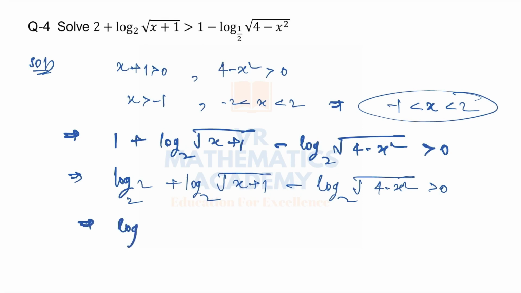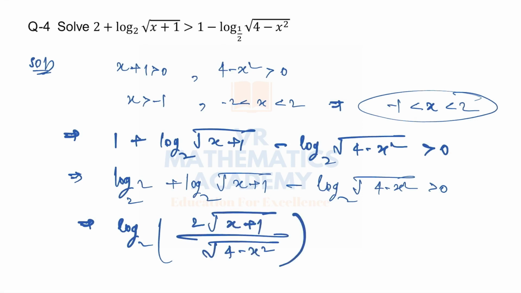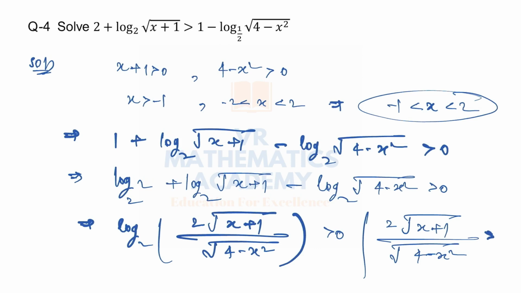This implies log base 2 of twice root x plus 1 over root 4 minus x square is greater than 0. Because the base is greater than 1, it can be written as twice root x plus 1 over root 4 minus x square greater than 1.